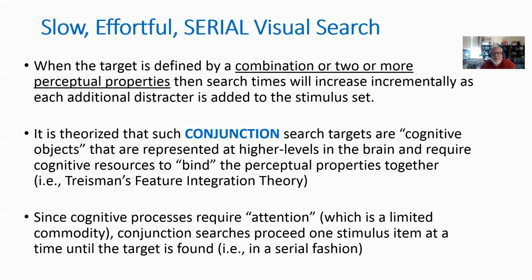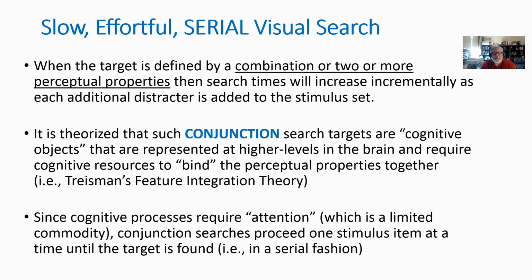And what Treisman theorized was that most of the objects that we search for in day-to-day life are objects that are defined by multiple properties of perceptual, if you will, categories. So, for example, we rarely search for something that's red against distractors that are all blue.